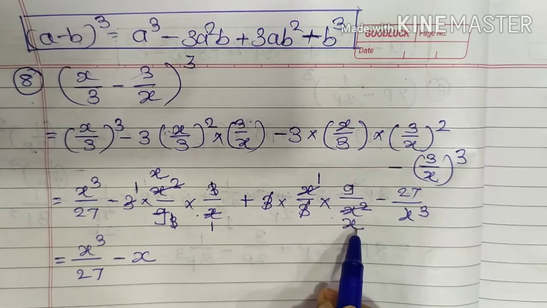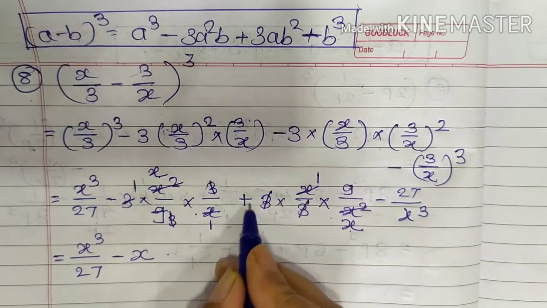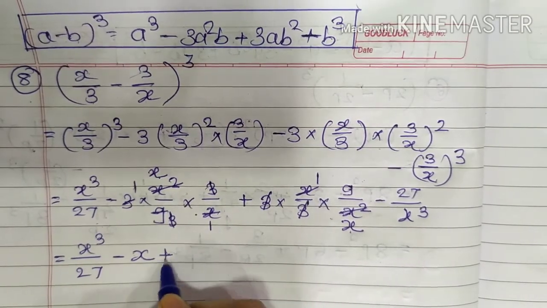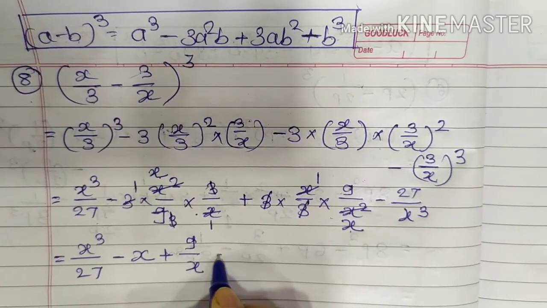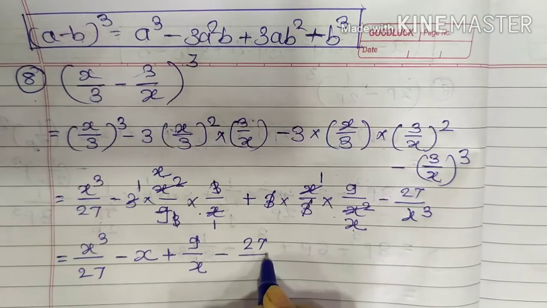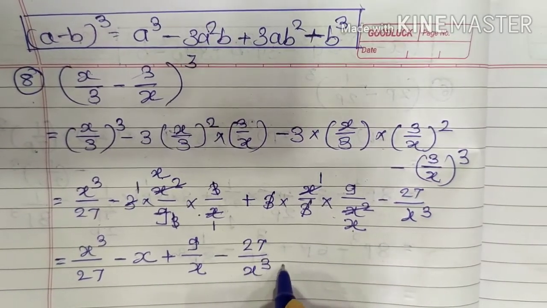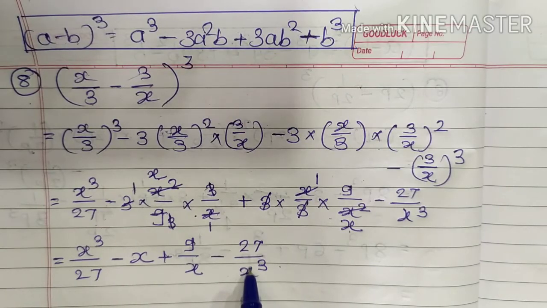Here is 9 and here is x. Sign that is plus. Plus 9 upon x minus 27 upon x cube. So this is the expansion.